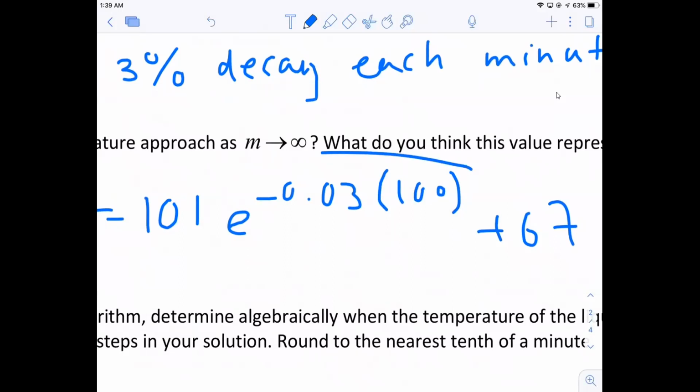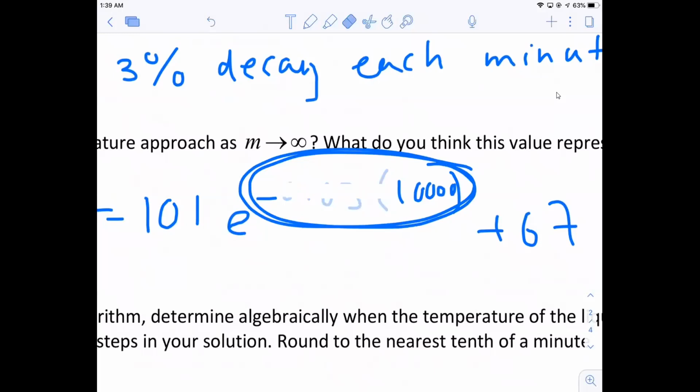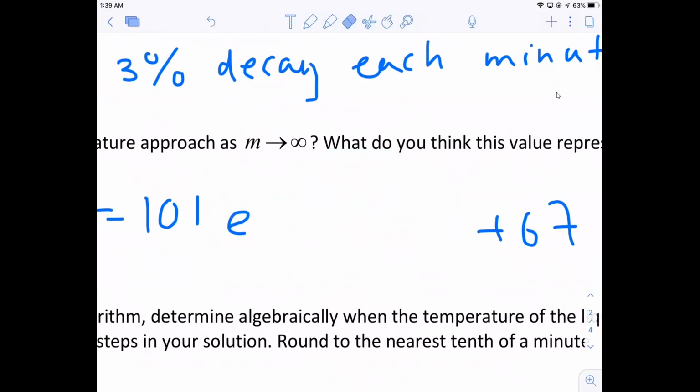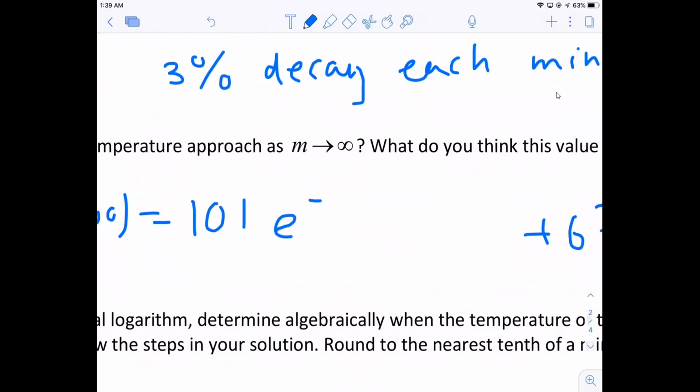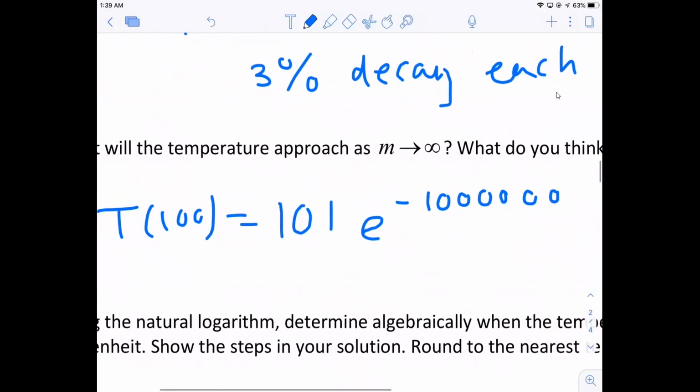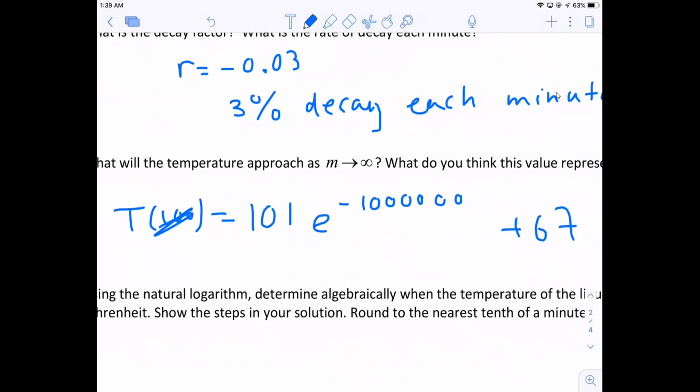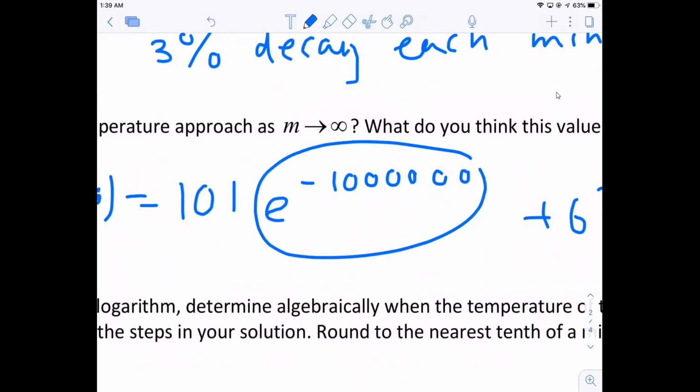So what's going to happen here is we're going to get a big negative exponent, right? Imagine if I plug in a bigger number, like 1,000 or 1,000,000. I'm going to get a very, very big negative exponent. So let's say a big negative number. I'm not plugging in 100 anymore, just a very big number. And so what is e to the negative very big number going to equal?